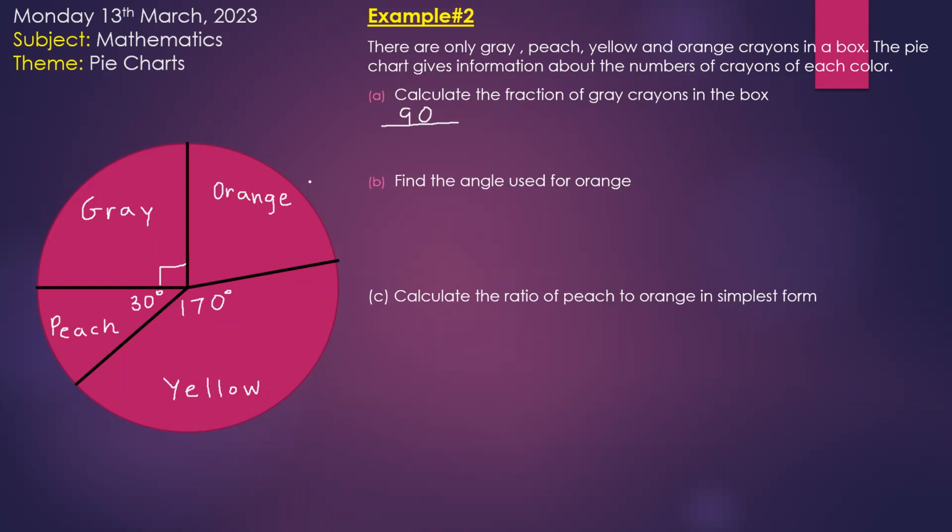That means 90 degrees. And what do we put at the bottom? The denominator. What's the denominator? 360. Very good. Why 360?